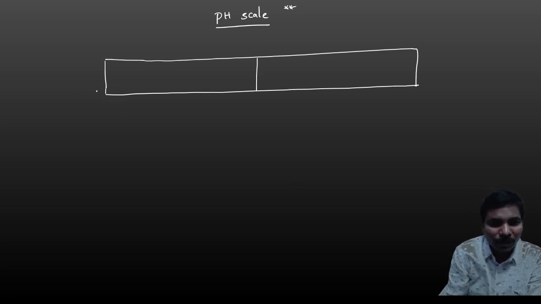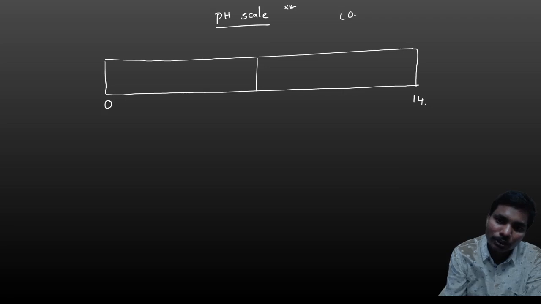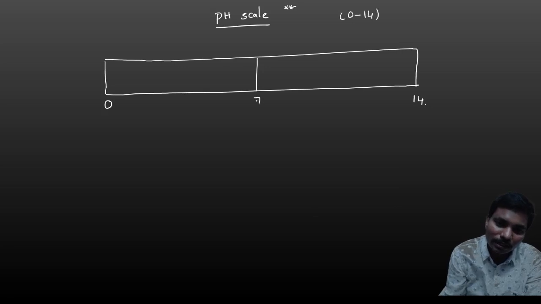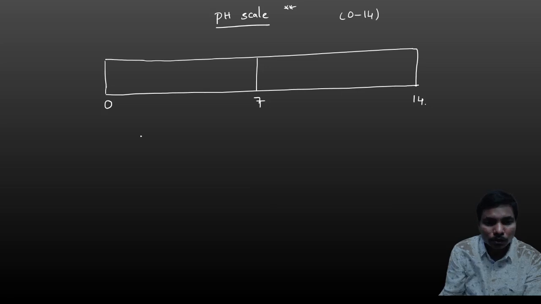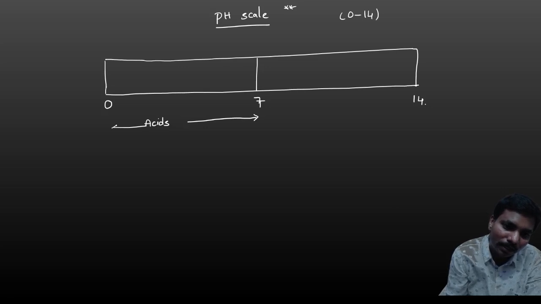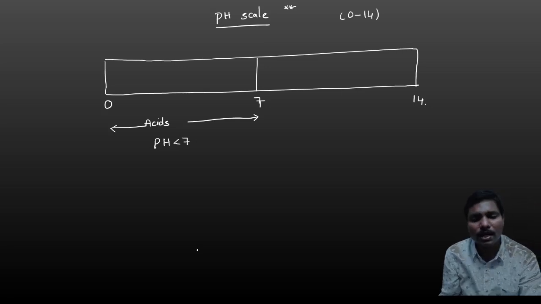Okay, so the pH scale generally starts from 0 and ends at 14. In the middle we have 7. If the pH belongs to 0 to 7, that means the pH is less than 7, we can say those are acids.